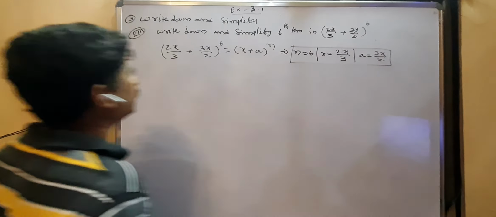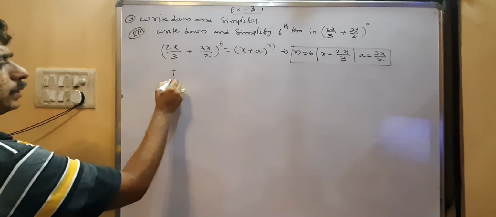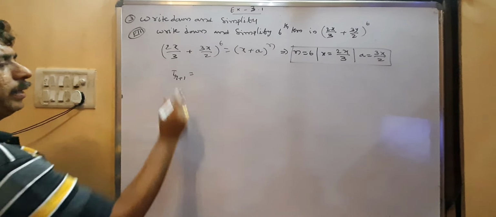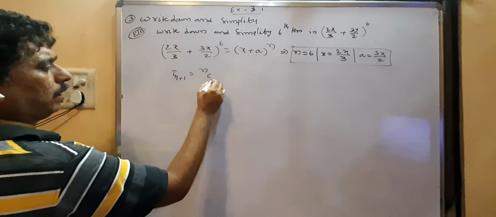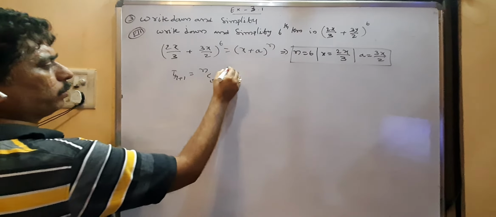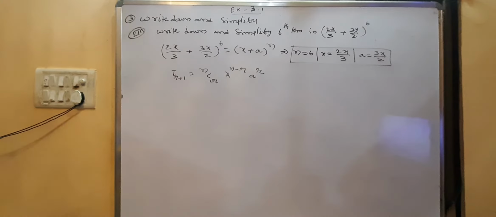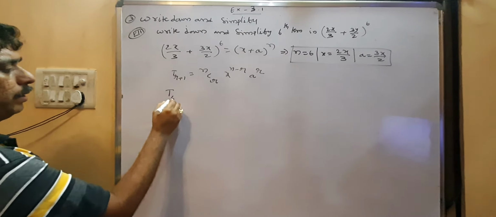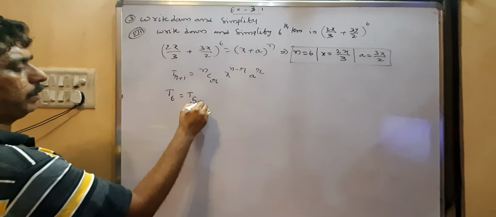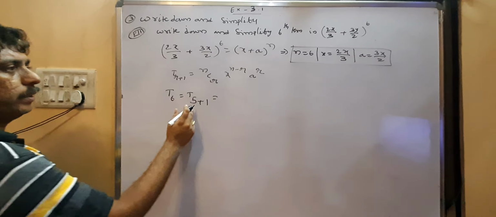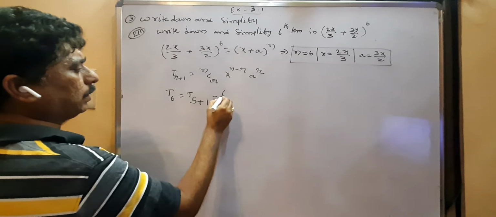They are asking to find the sixth term. We know the formula T r plus 1. You have plus between, so directly I can write nCr x power difference of the both n minus r a power r. This is the general term. So they are asking the sixth term, 6 can be written as something plus 1, 5 plus 1. Now in place of r is 5, in place of n is 6.